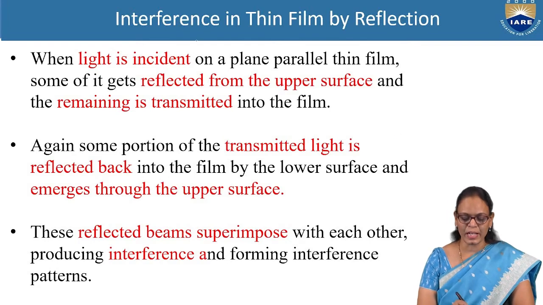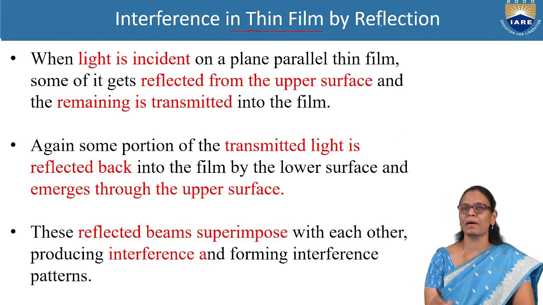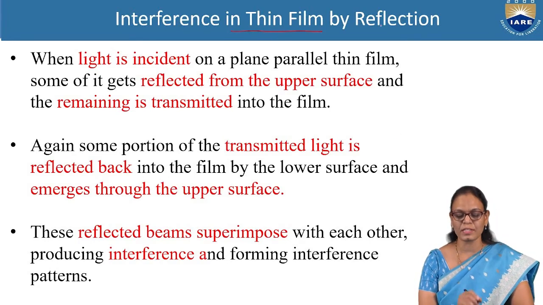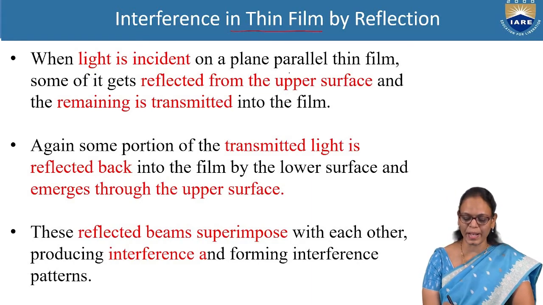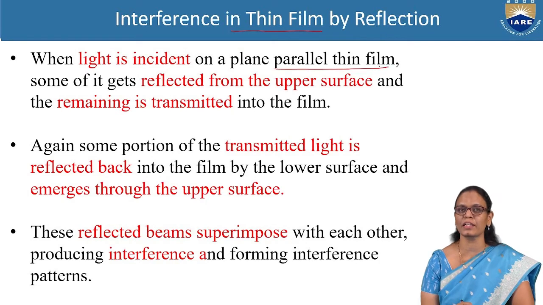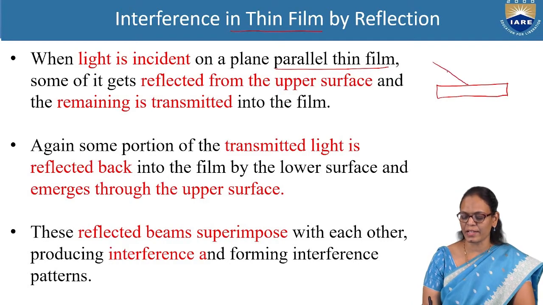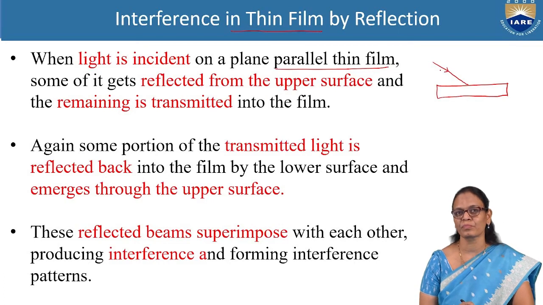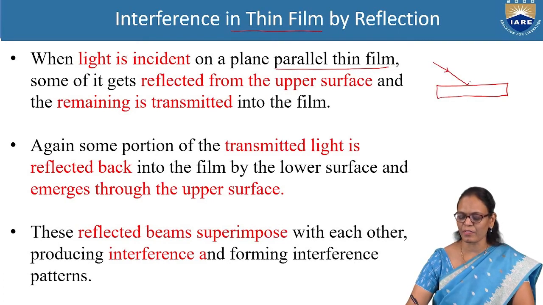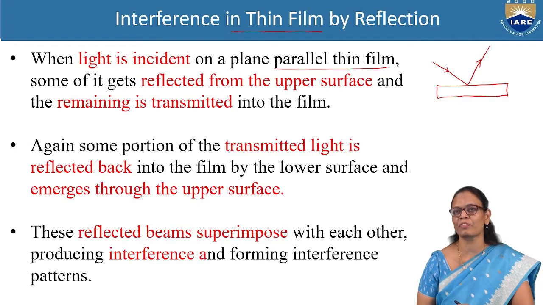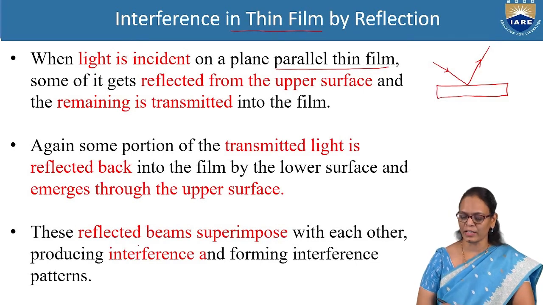Now we are going to see interference in a thin film by reflection. So what is happening in a thin film? When light is incident on a plane parallel thin film, some of it gets reflected from the upper surface, and the remaining is transmitted.